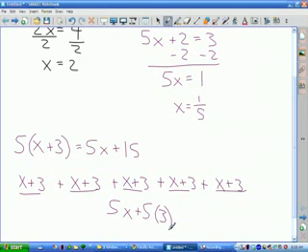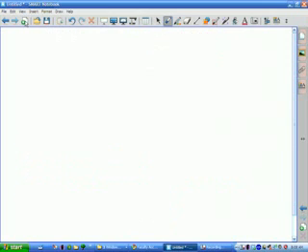Okay. Now, what we want to do is build on this and go to the next step, and that is, how do we handle decimals and fractions? Really, you don't have to do anything special with equations with decimals or fractions, but there's a little bit of preliminary work that you can do to make your work easier.